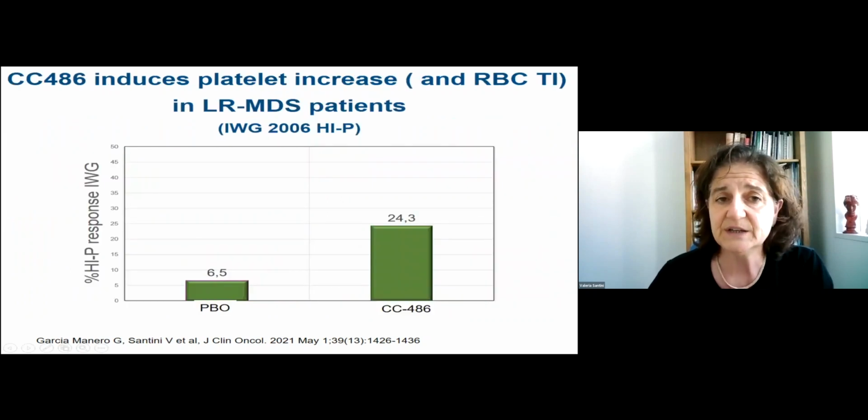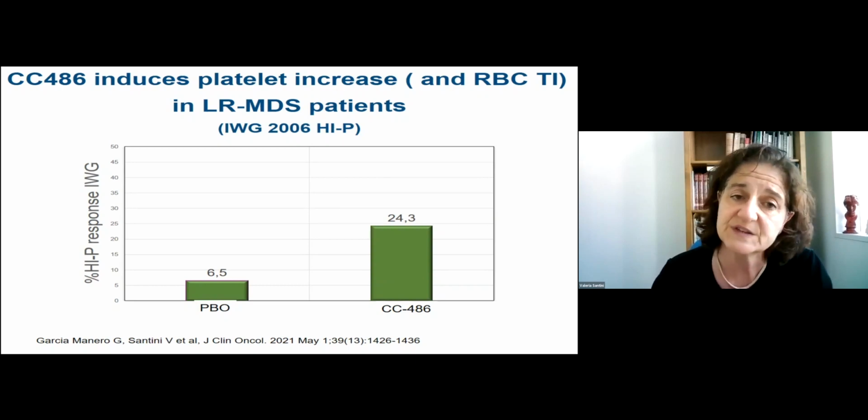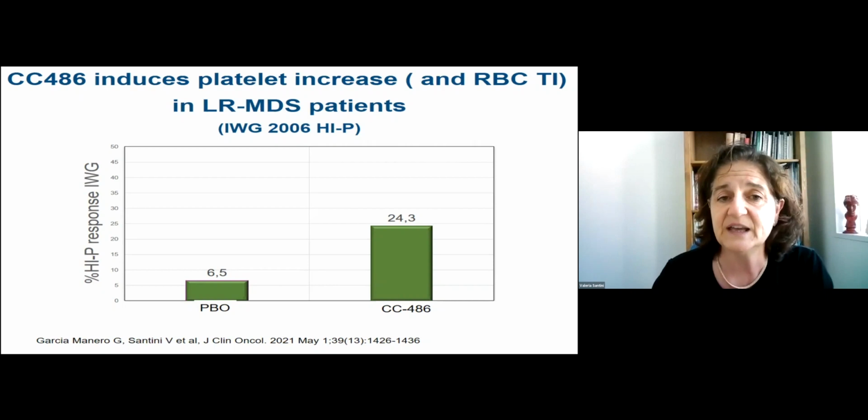As you see, the study indicated that CC486 can induce a significant platelet increase together with transfusion independence for red blood cells in low risk MDS patients with this, let's say, severe thrombocytopenia.